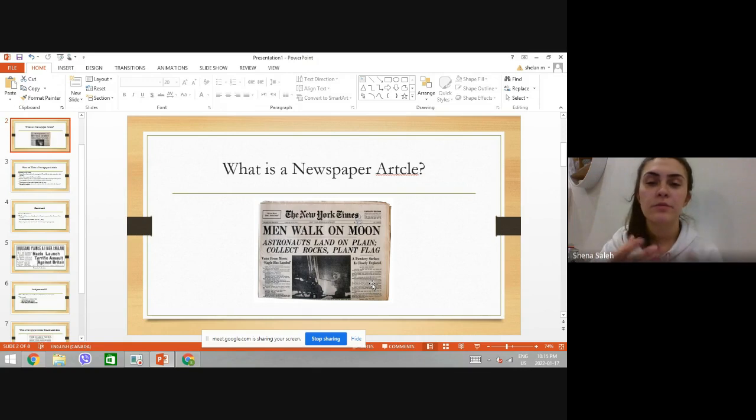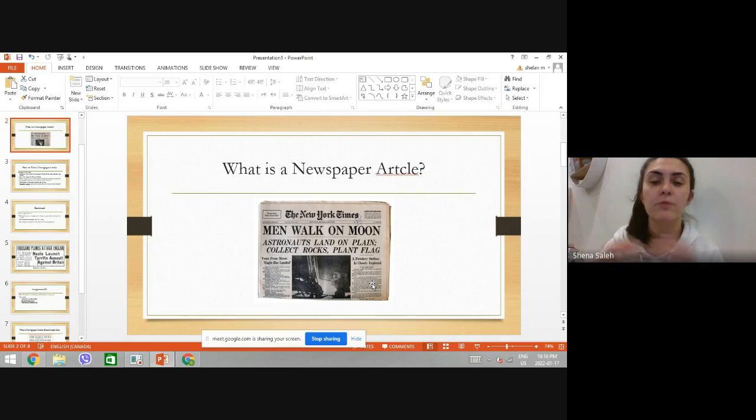Why do newspaper articles use short paragraphs? Well, because it's easier for the reader to read, right? If they wanted to read something long, they would read a book or an essay. But newspapers are usually short and to the point, so they want to make it easier for the reader.